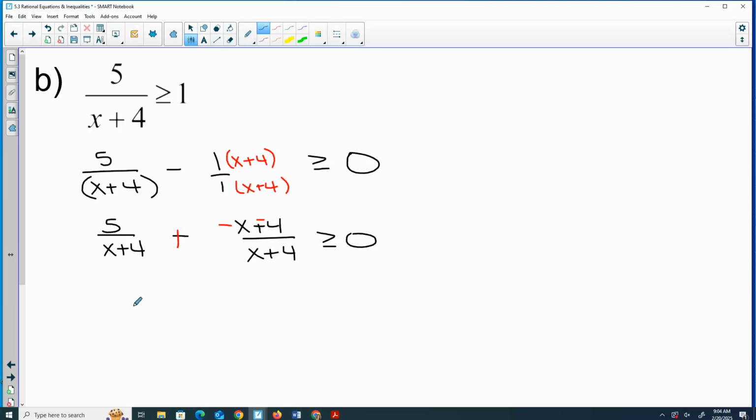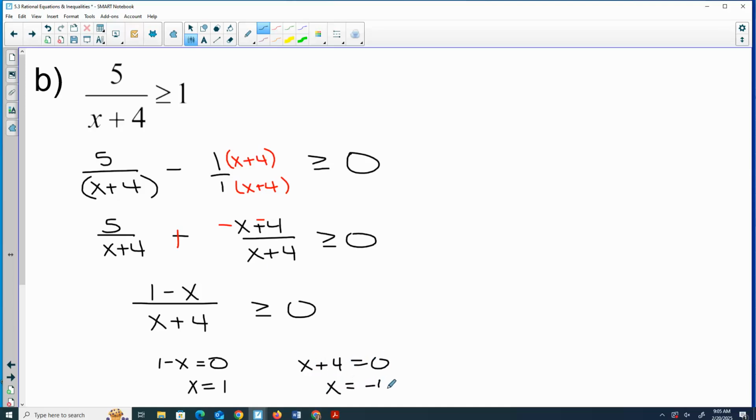Now the denominators match, so we can put them together into one fraction. So on the top, 5 plus negative x minus 4, so that would be 1 minus x. In order to get the sign line, we need to know what makes the top and bottom equal to 0. So if you set 1 minus x equal to 0, you get 1. If you set x plus 4 equal to 0, you get negative 4.